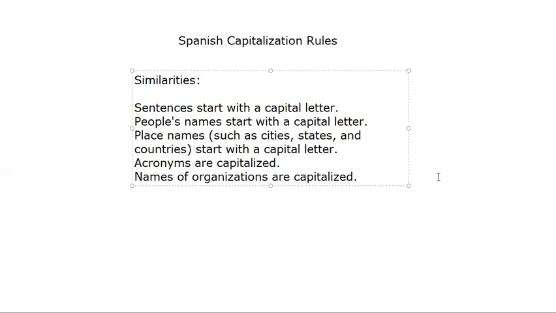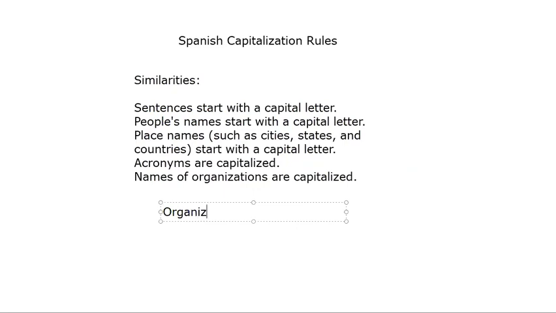And the names of organizations are capitalized. And also, sorry, I skipped this, acronyms. So let's talk about both of those things together. So for instance, the name of the United Nations in Spanish is the Organización de Naciones Unidas. That's an organization. Its name is capitalized, all the important words there.